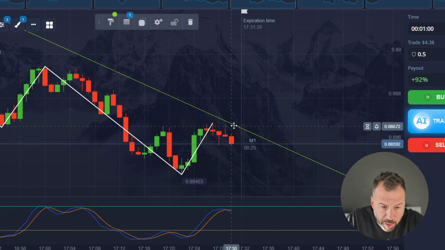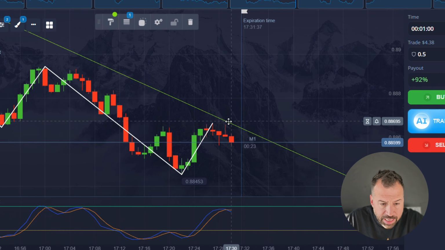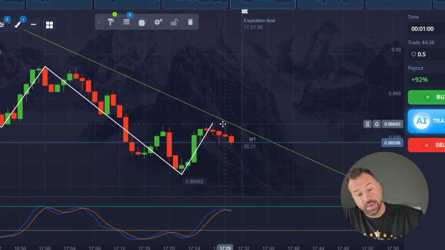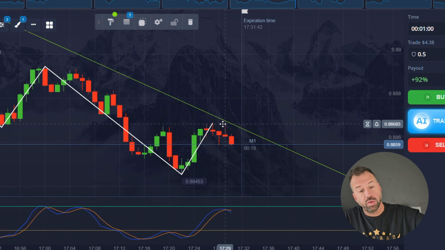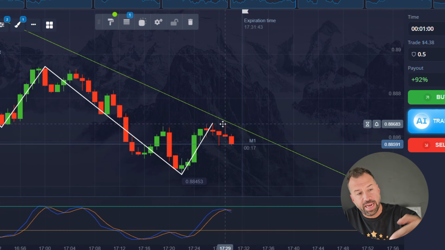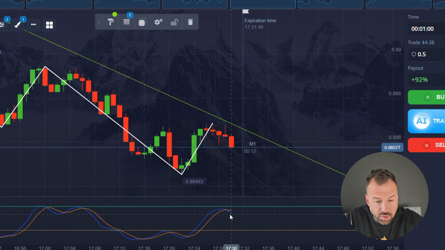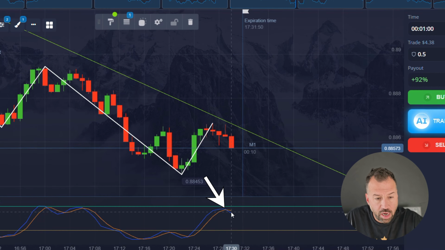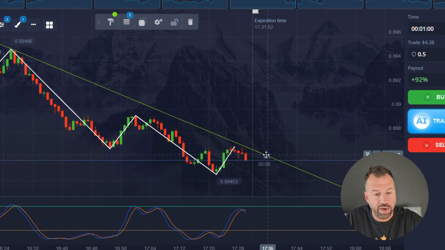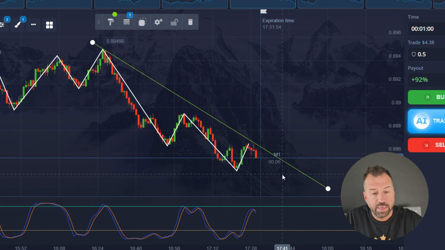And generally, if this pops up and touches the trend line with our zigzag and then kicks back down, it's a really good way of giving us another indicator that it is moving in the downward direction. This crossover right here with the blue and the red also shows that we are on a downward trend.